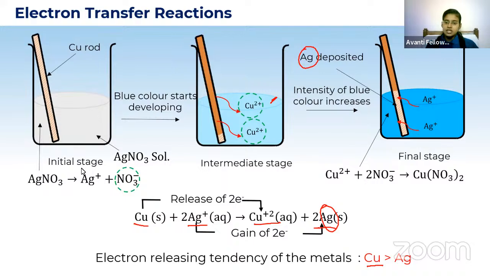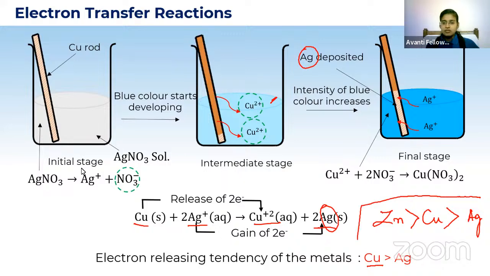Can you all understand? Now, if I compare the three metals, zinc, copper and silver, which element has the highest tendency to lose the electron? In the previous experiment, zinc has the highest tendency, right? Now, if I compare copper and silver, copper is releasing its electron more easily compared to silver. So, this is the electron releasing order for these three elements.